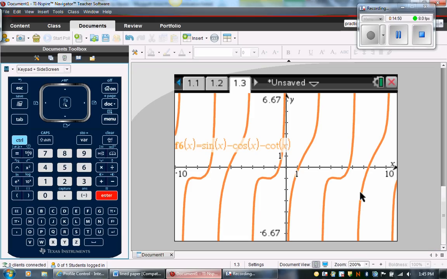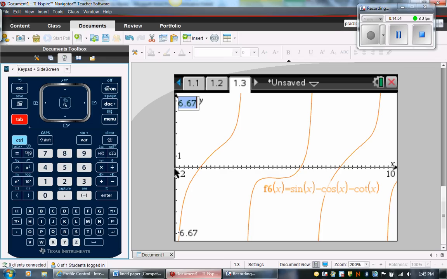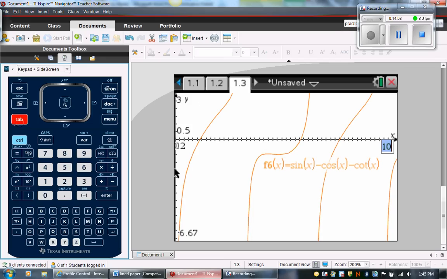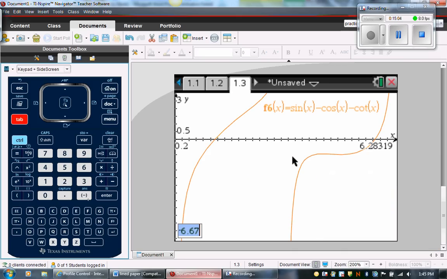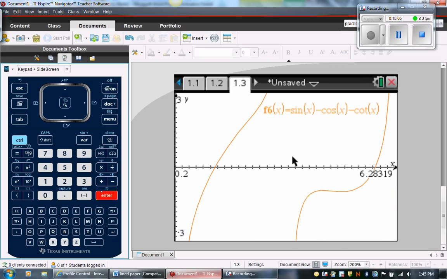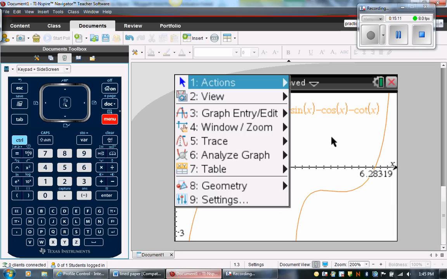Okay, hit enter to graph it. And again, we'll have to adjust our window. And this time what we're looking for are the zeros, where it crosses the x-axis.